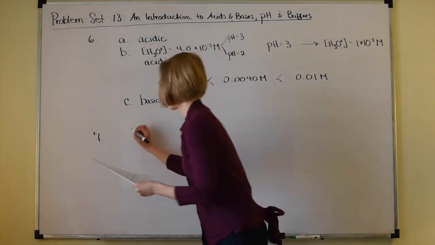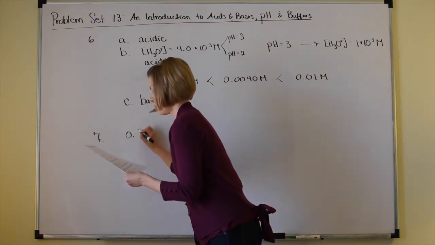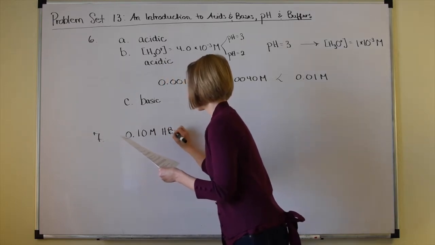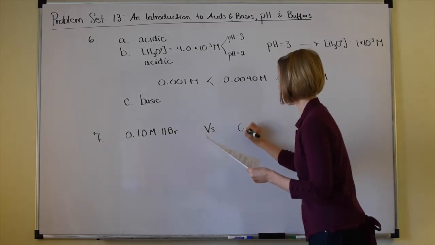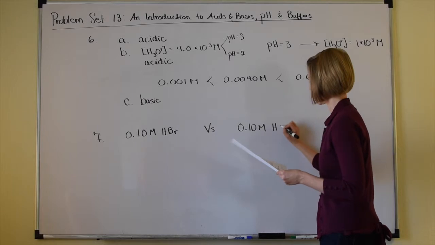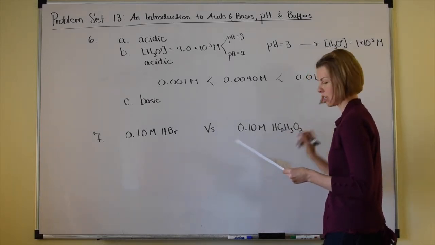Okay, so let's write down here. We've got a 0.10 molar hydrobromic acid solution, and we're comparing that to the same concentration, 0.10 molar acetic acid, HC2H3O2 solution.